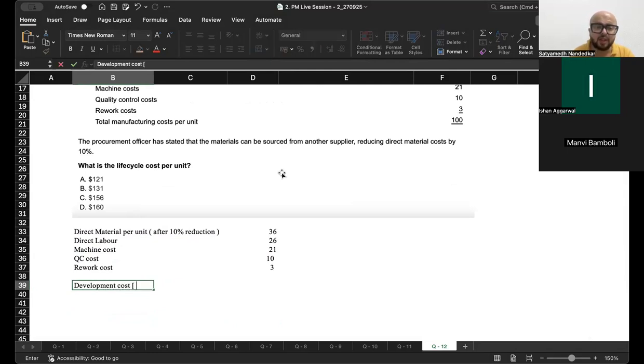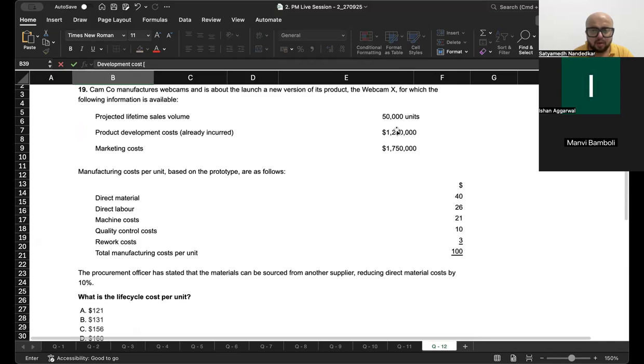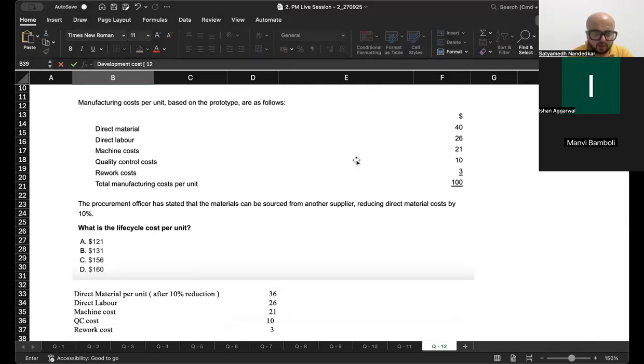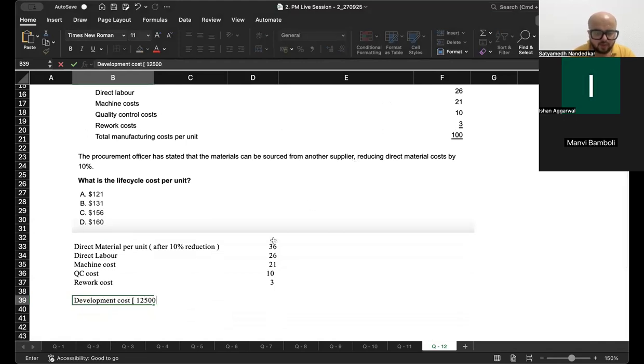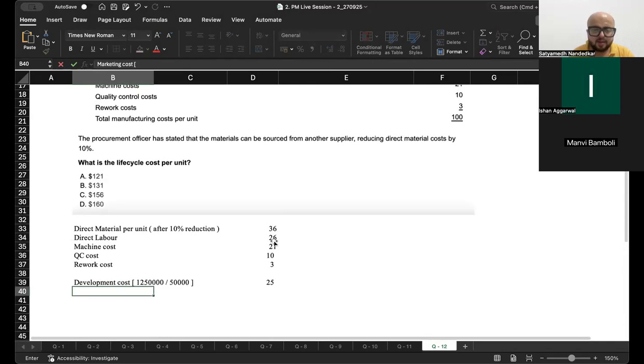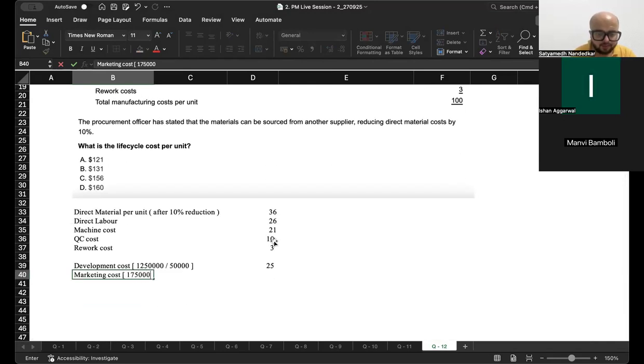Development cost per unit, if we have to calculate, then 12,50,000 divided by 50,000, right? 12,50,000 divided by 50,000, 25. And marketing cost, 17,50,000 divided by 50,000.